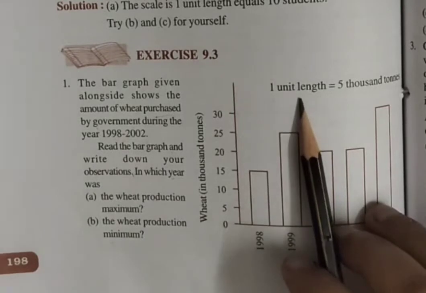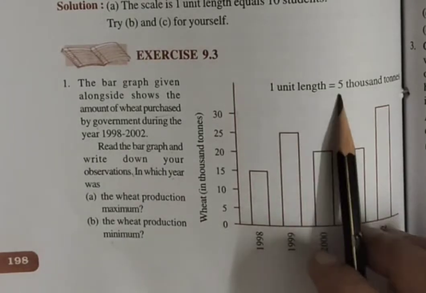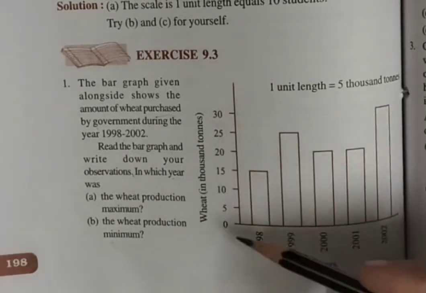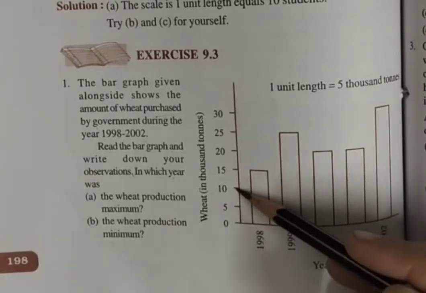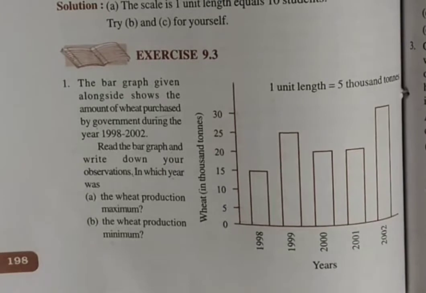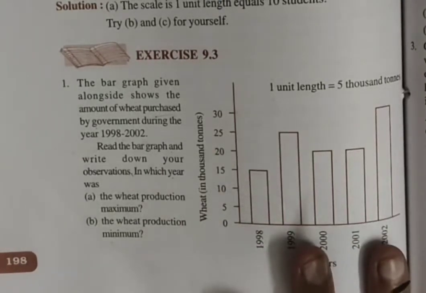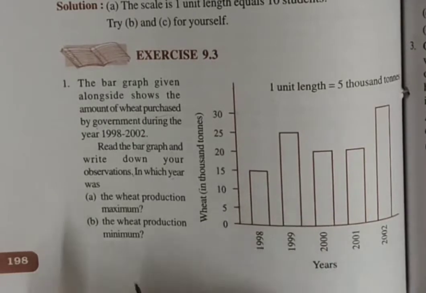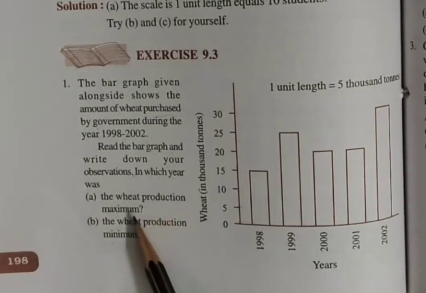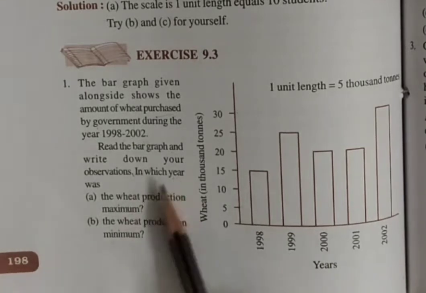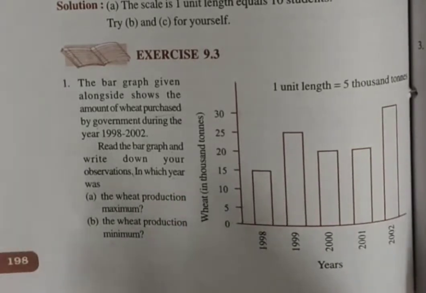Now what is the scale? 1 unit length equals 5000 tons. This is the 1 unit length, which equals 5000 tons. These are the observations we have gathered from this bar graph. Now part A that we need to answer is: in which year was the wheat production maximum?